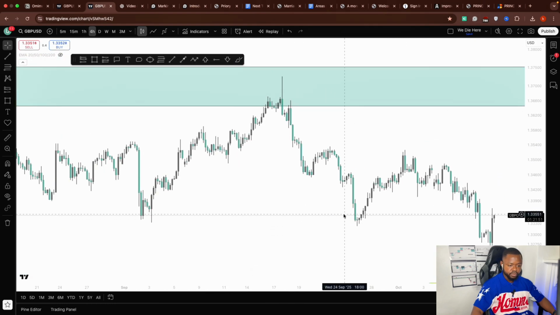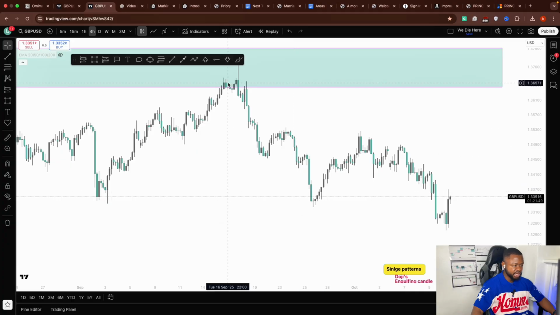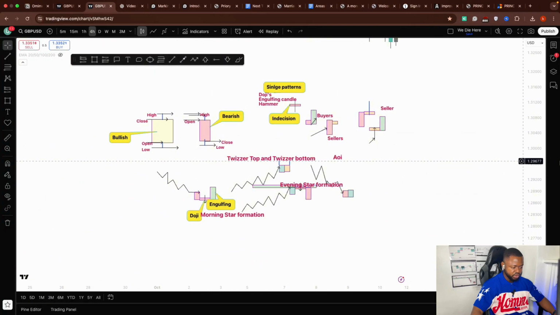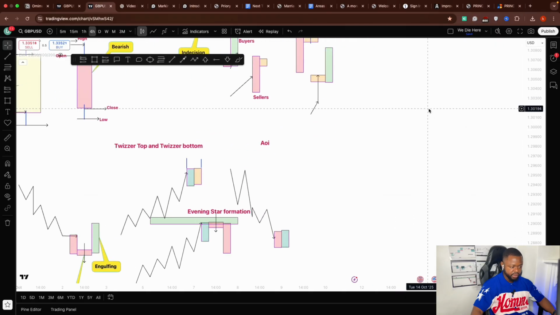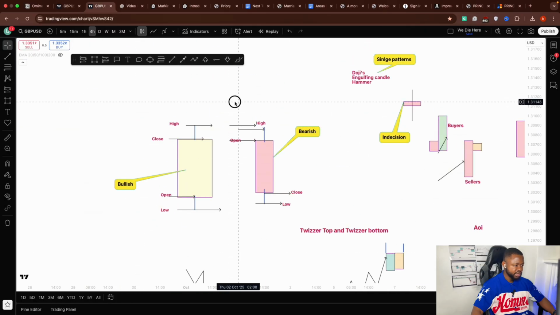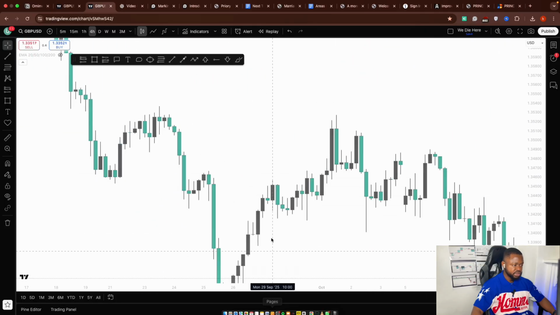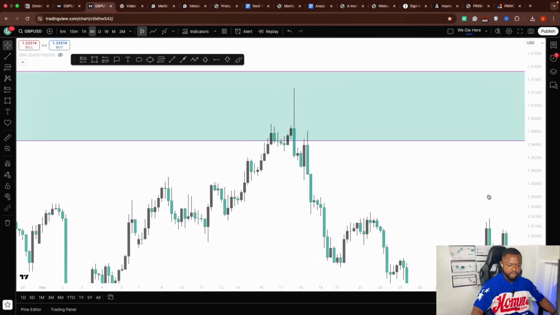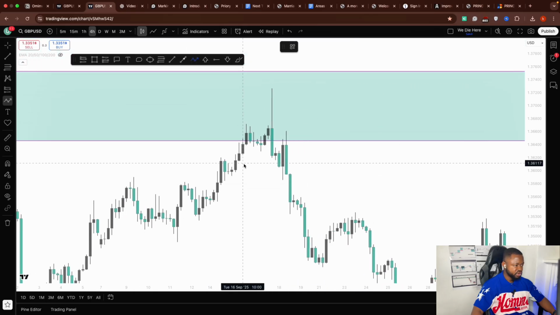Right around here, we can see the evening star formation. The evening star formation we drew here is basically what is applicable around here in the markets. First off, we have the normal candlestick, which is this.